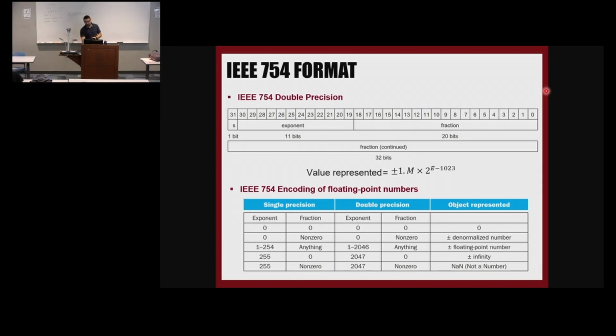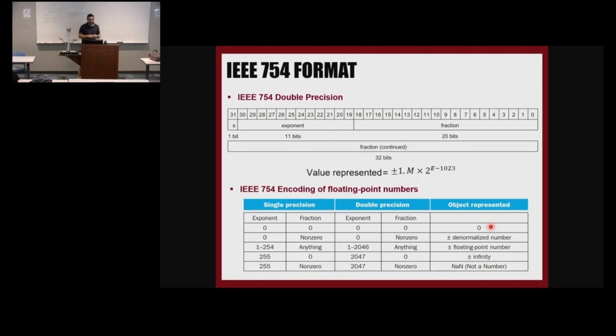Let's start with the first one. If you want to show the number 0, when the exponent is 0 and the fraction is 0, in both single precision and double precision, this is going to be the number 0.